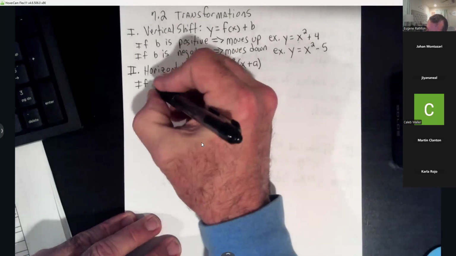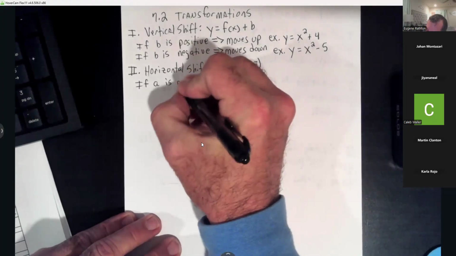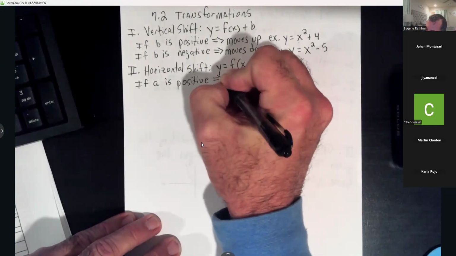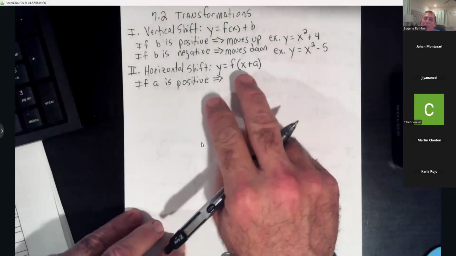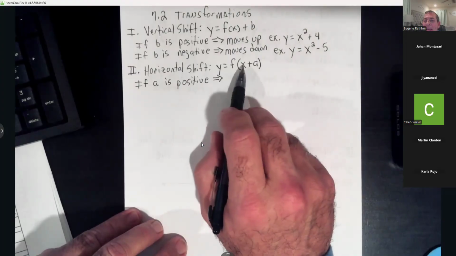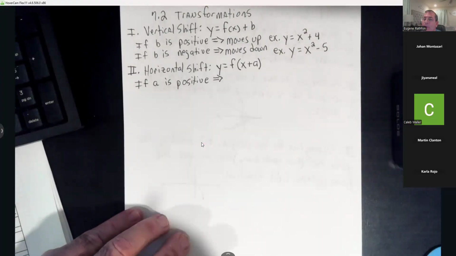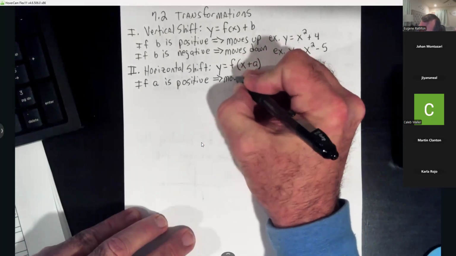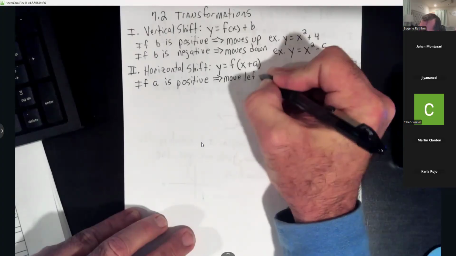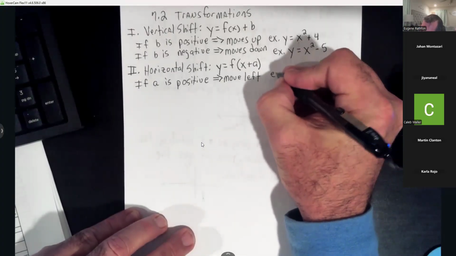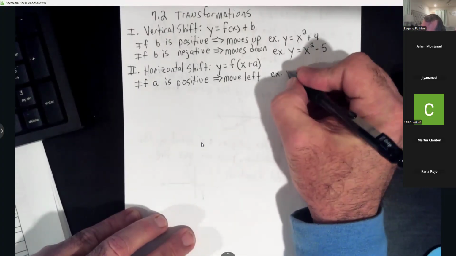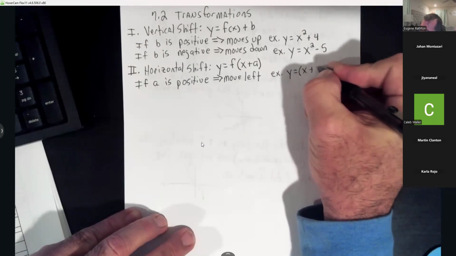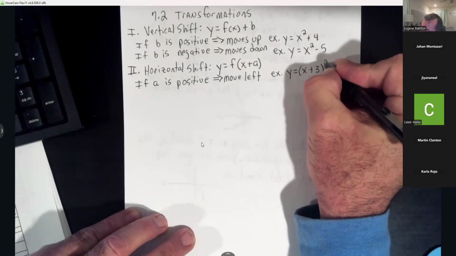If the a is positive, and y'all, this is where it's sort of backwards to me, but if you add to the x, it actually moves the graph to the left. So it's going to move left. Y'all, an example of that is going to be y equals x plus 3 squared.